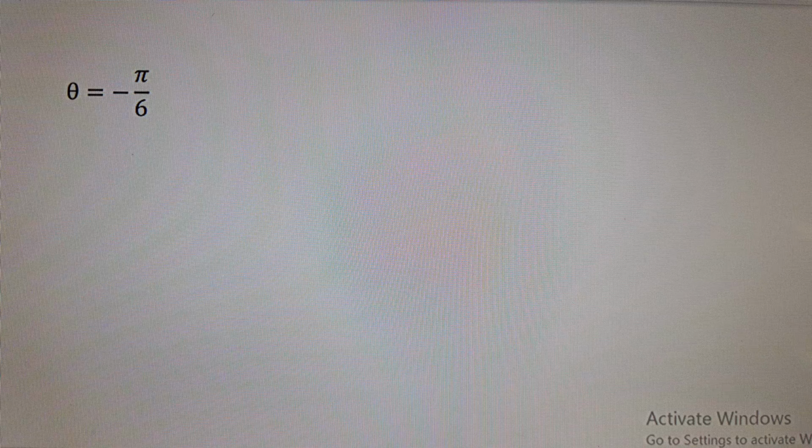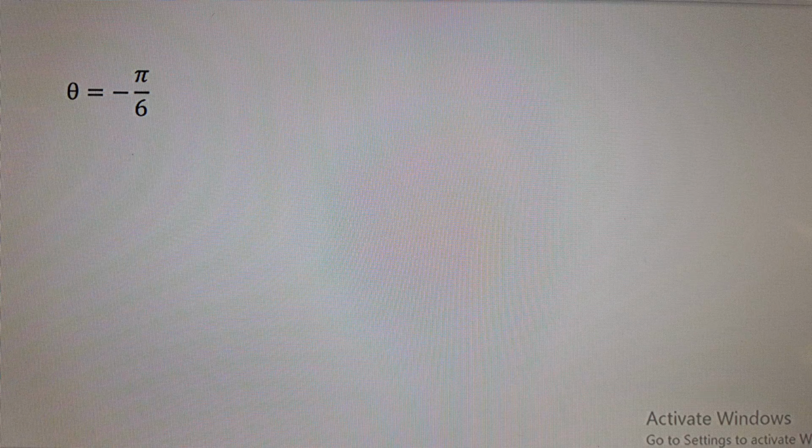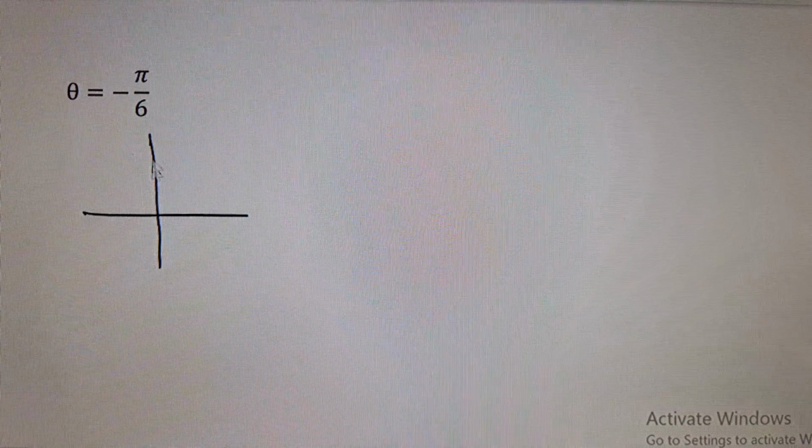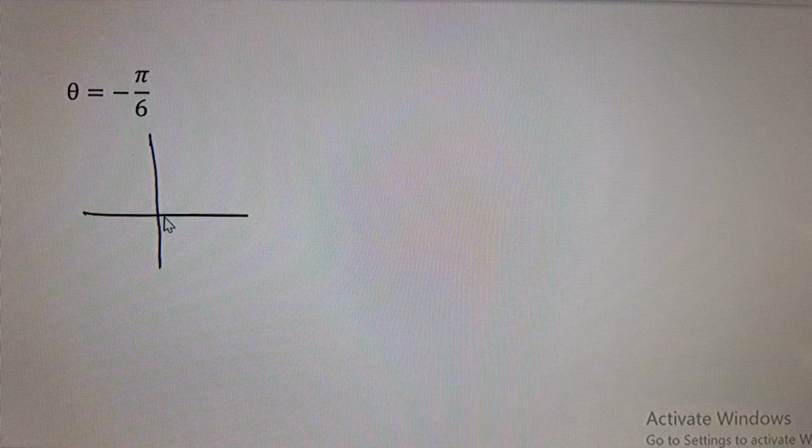Let's talk about radians now. Well, in this case, what do we have? We have that this is going to be minus pi over 6.